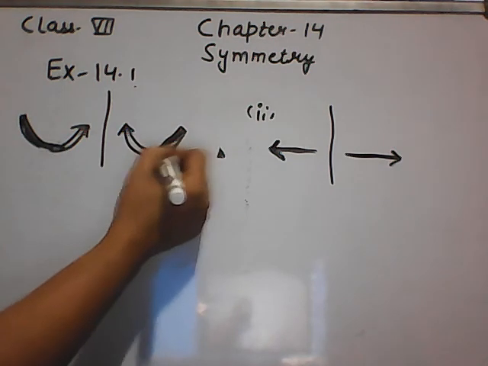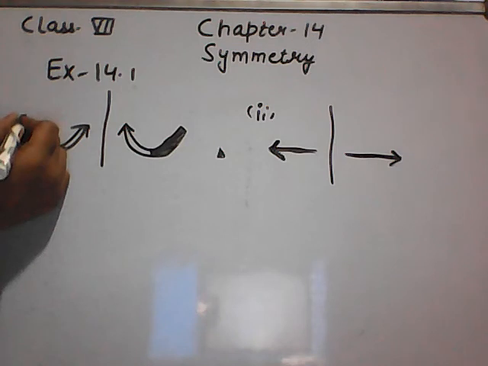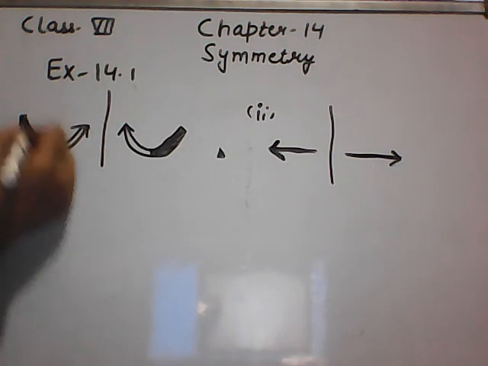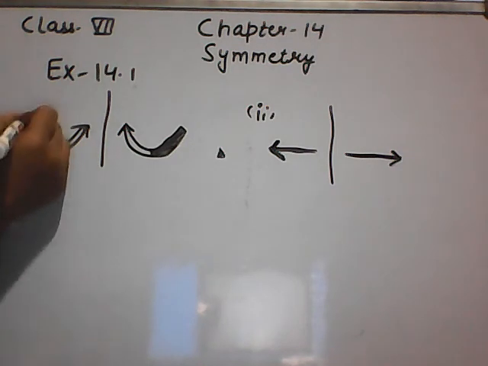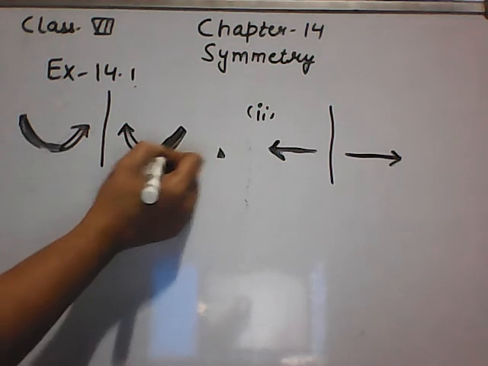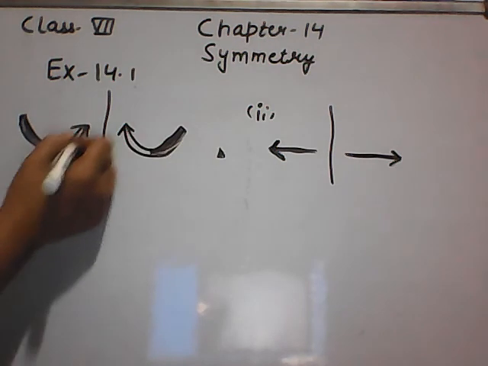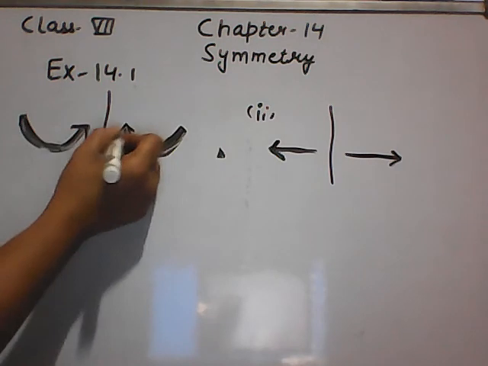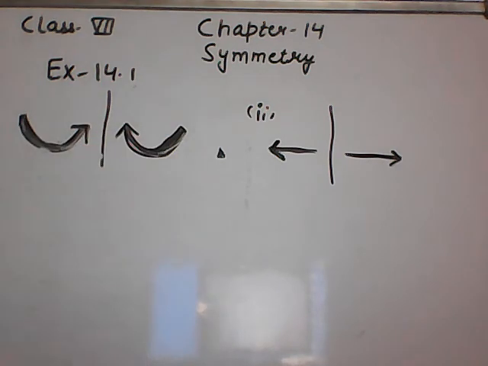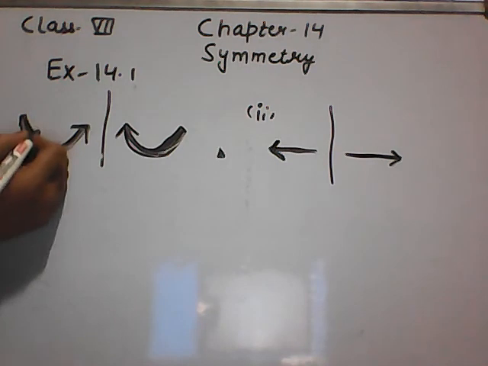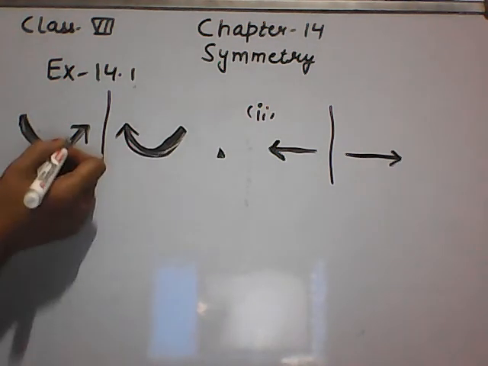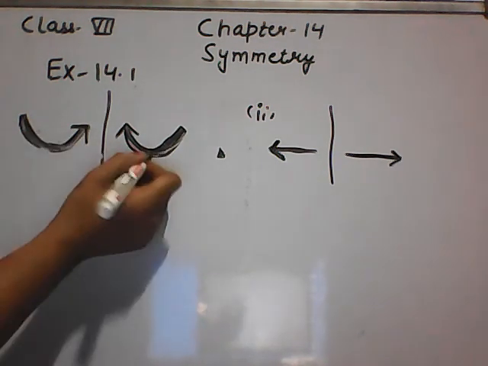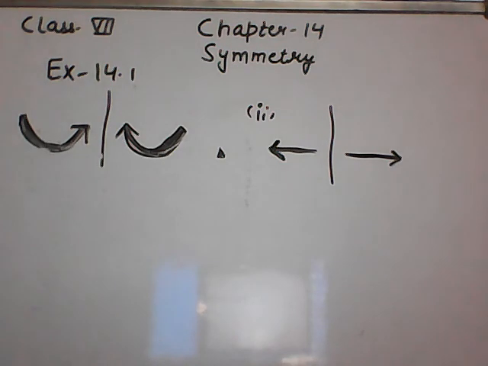Here in this figure, the left part is this one. It is the curve. This left part becomes the right in this figure. Here in the right part there is an arrow. The right arrow becomes the left in this figure. So there are left-right changes in this figure. Here the left part becomes the right part and the right part becomes the left part. So there is a mirror reflection in these images.